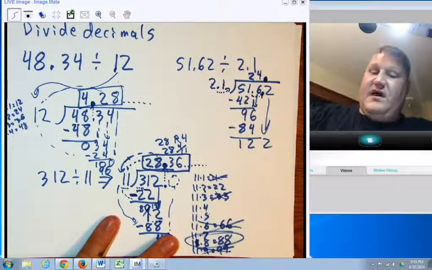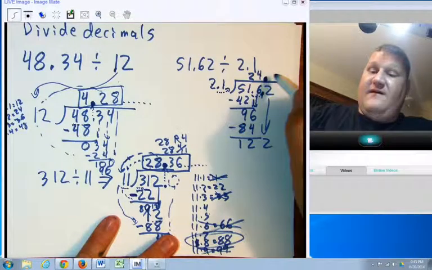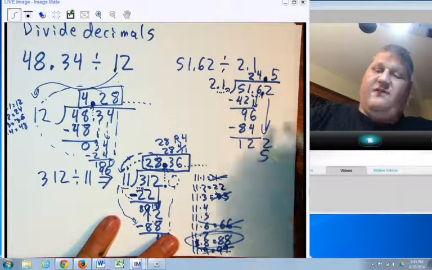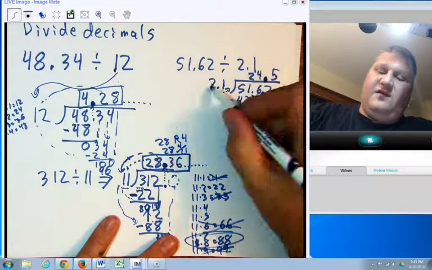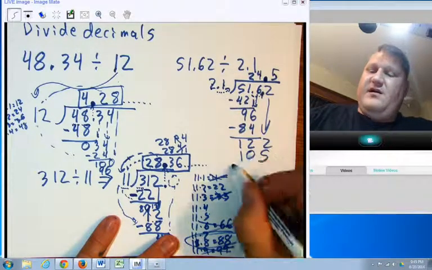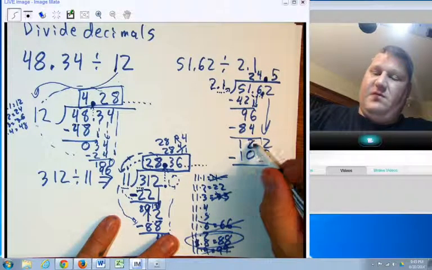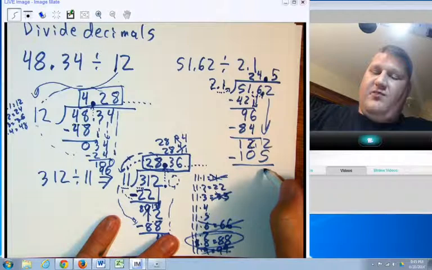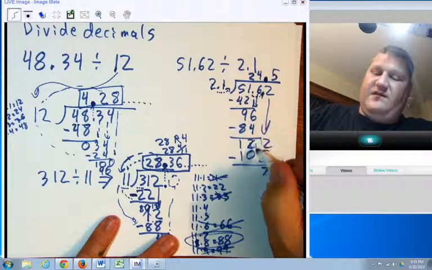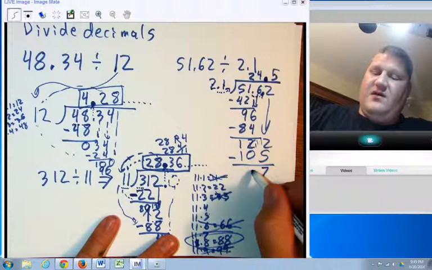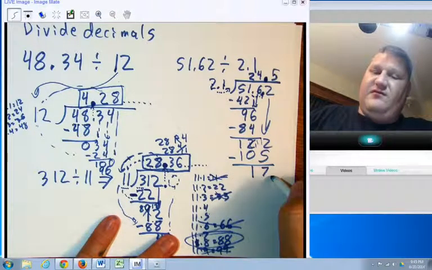All right, I think it's going to go in 5 times. 5 times 1 is 5. 5 times 2 is 10. Then I'm going to subtract. Well, that's not big enough, so I have to borrow. And I come up with 7. This is now 11. This is now 1 minus 0 is 1. I come up with 17.